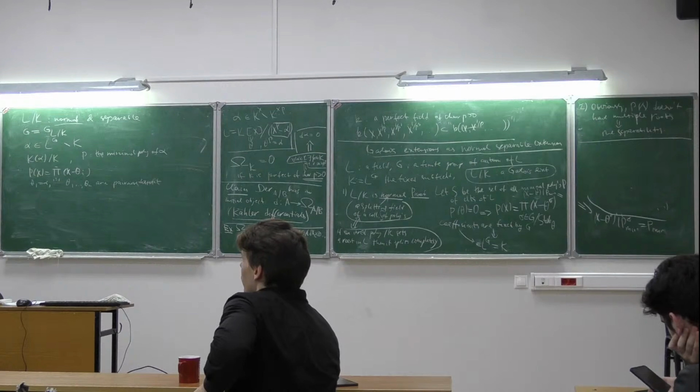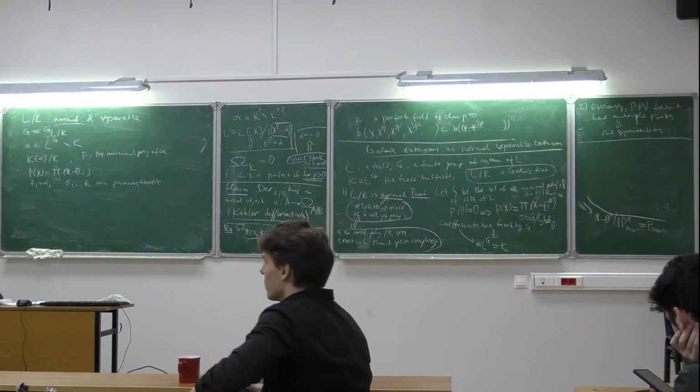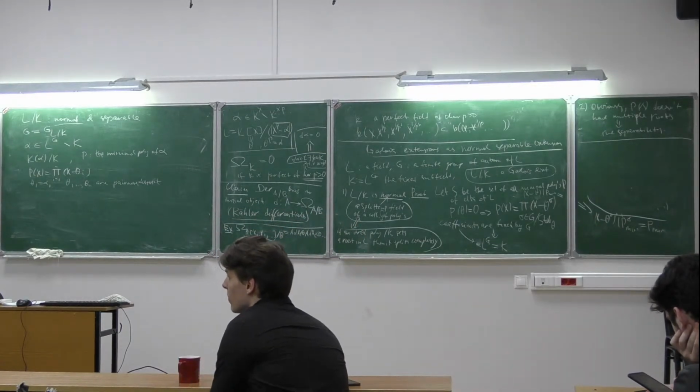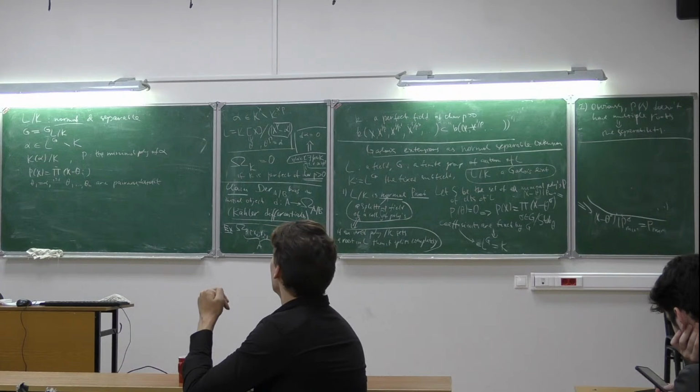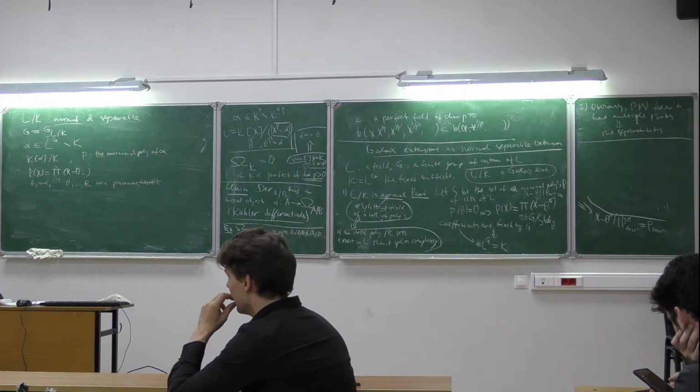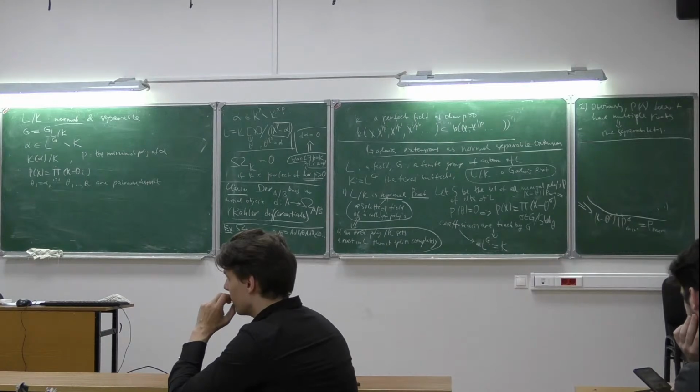Yes, you are completely right. But there is one essential point which you didn't mention explicitly: when we discussed normal extensions, we mentioned that you can always send any root to any other root.